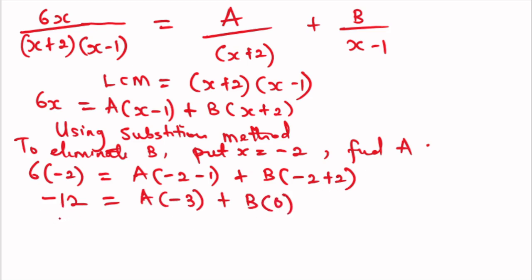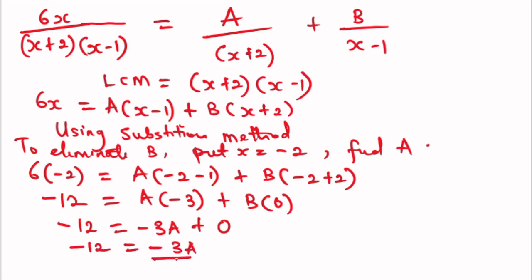Now we are left with minus 12 equal to A times minus 3, which is minus 3A, plus B times 0 is 0. Then minus 12 is equal to minus 3A.